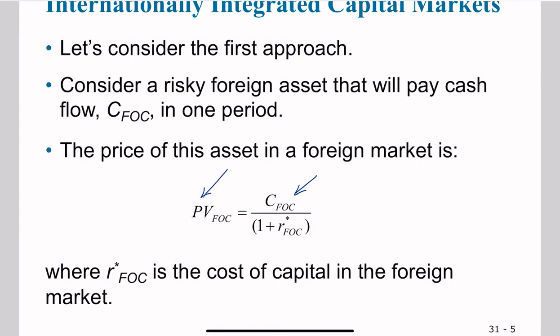And here, the investor will use the discount factor in the foreign market. So this discount factor is written as RFOC with a star. So this number is the cost of capital in the foreign market.